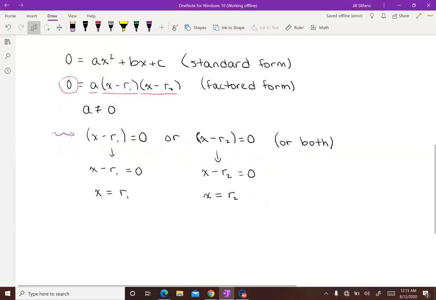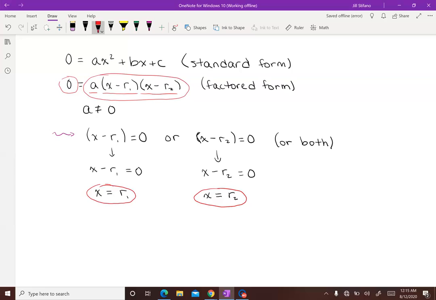So in both of these cases, x equals r1 and x equals r2, if we plug those into our function, either one of these would result in the whole thing being 0, right? Let's say we pick x equals r1.